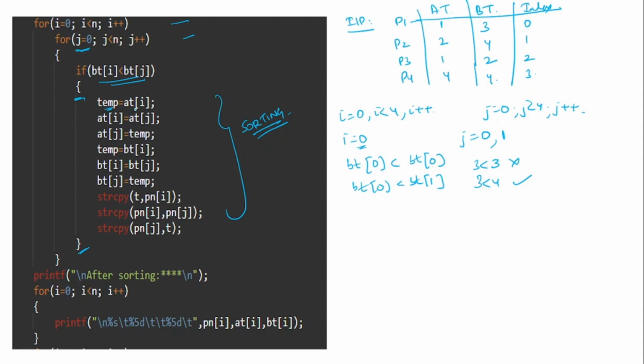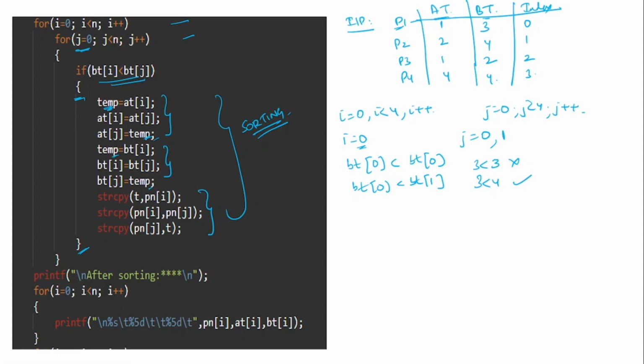So we have used a temp variable to swap the arrival time, the burst time and the process ID, because we have three things with us: the process ID, arrival time and burst time. So that's how we'll be sorting all these three with the help of a temporary variable. So this logic is obviously of a normal sorting algorithm.